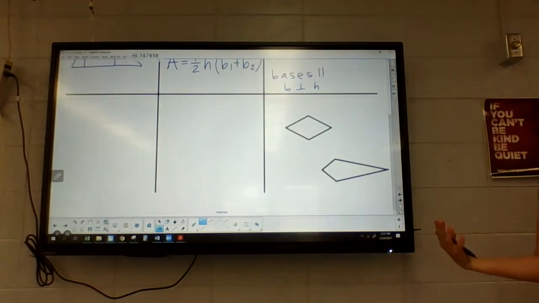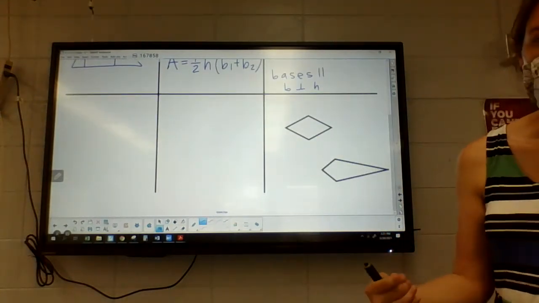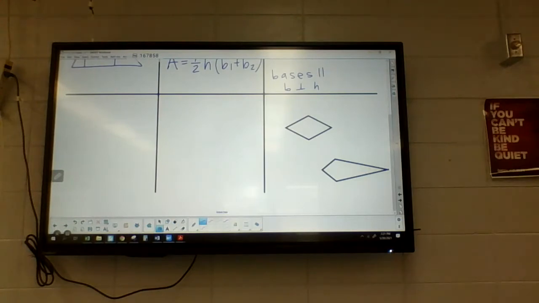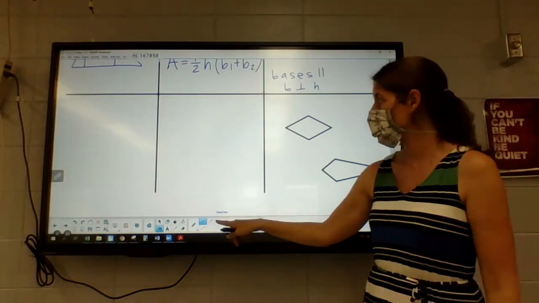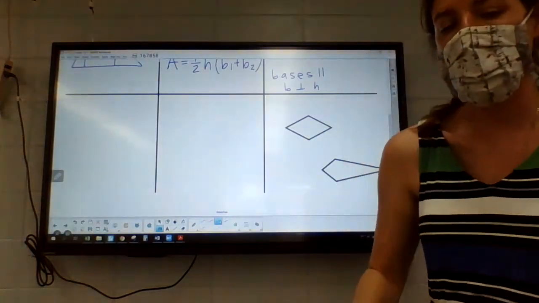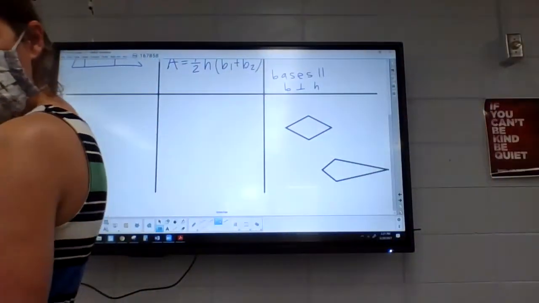The last one is a kite and a rhombus. Now, if you recall, we actually talked about a rhombus up above. So depending on the situation, sometimes with a rhombus you can use base times height. But if you don't have that information, you might also be able to use this. And I almost always forget about this, to be honest.